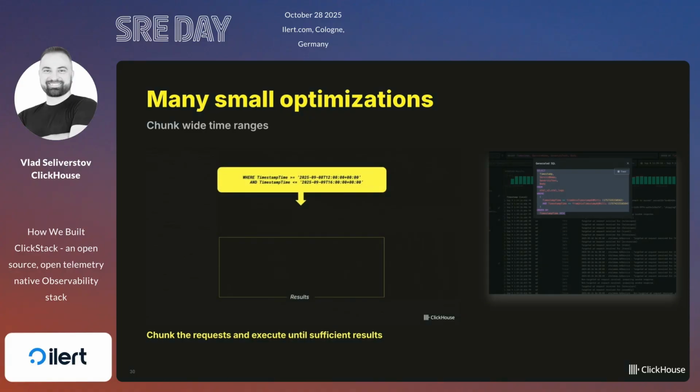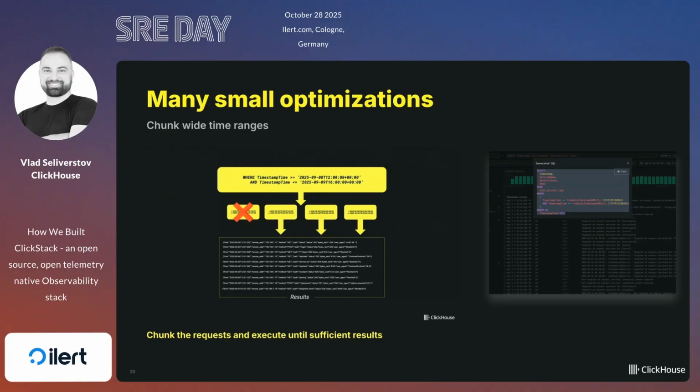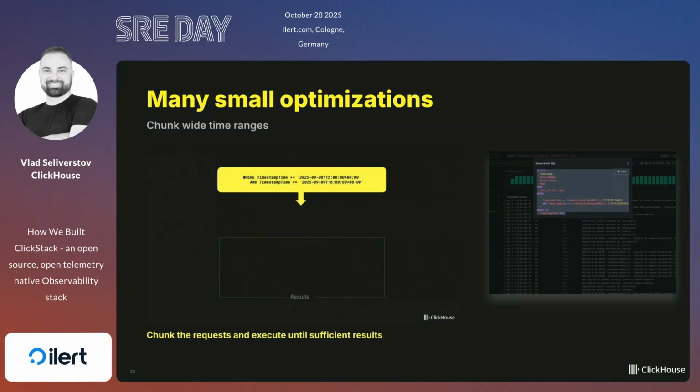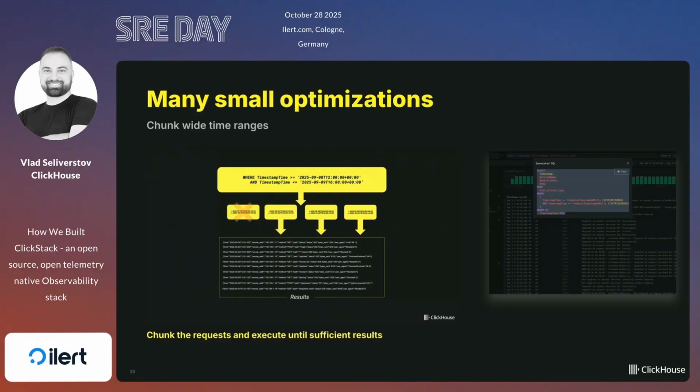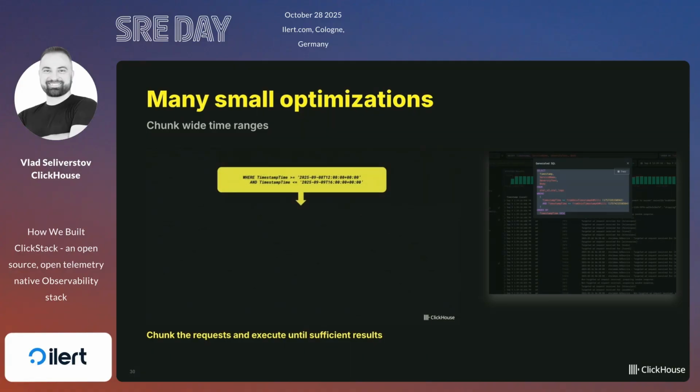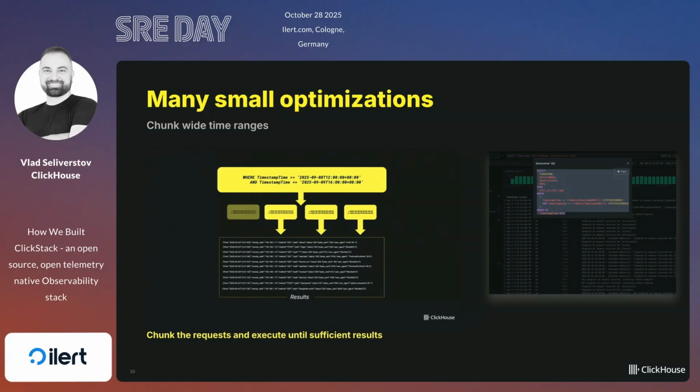Instead of that, we break this request into chunks, and the UI loads data asynchronously, pulling back smaller ranges at a time, and again, coming back to the data store. It can be parallelized. It can be executed on different nodes. The data does not belong to a single compute node. The compute nodes and the storage are completely separated, and that gives much better performance and much better speed.